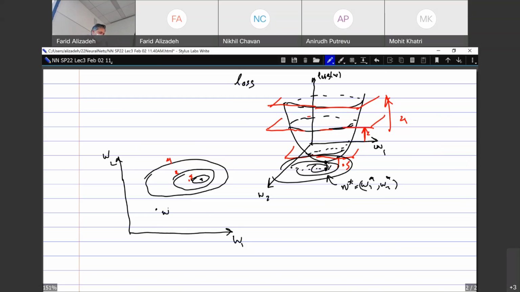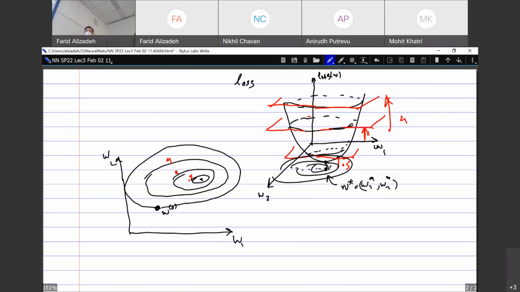I will call this W0. This is my first guess as the optimal set of W's. This also belongs to a contour by itself. Whatever my W0 is, the loss of that W0 is some number, presumably a large number. So I'm here.